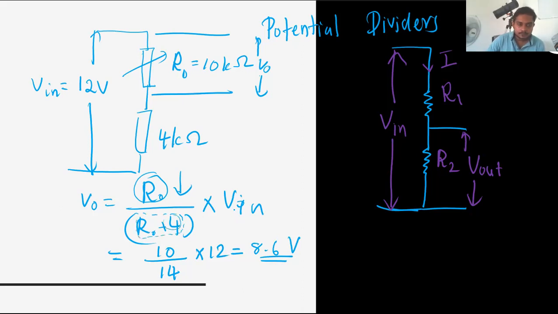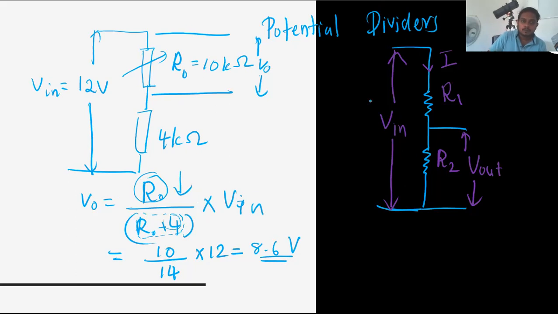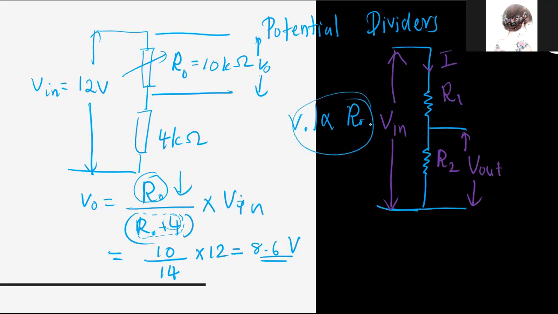The R naught value is decreasing, so the potential here also gets decreased. So you can write V naught is proportional to R naught. Therefore, if this decreases, this also decreases.